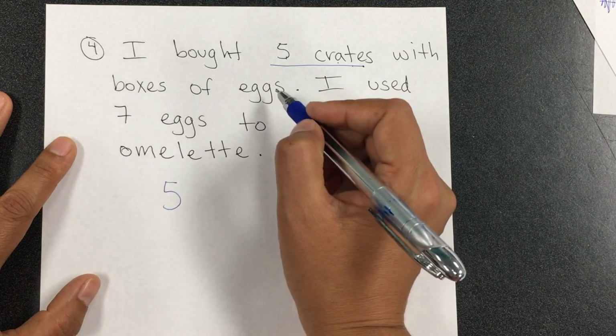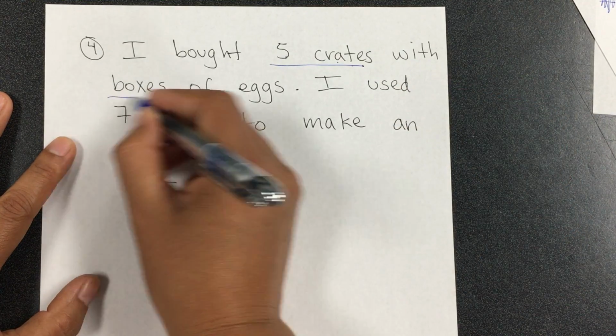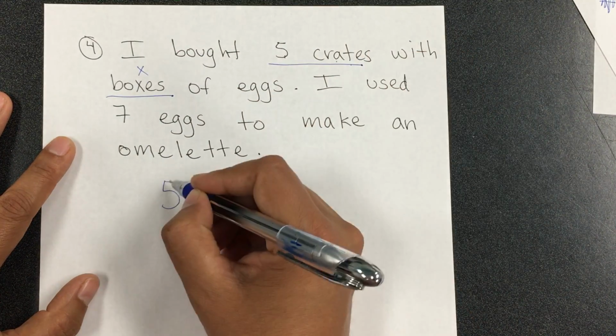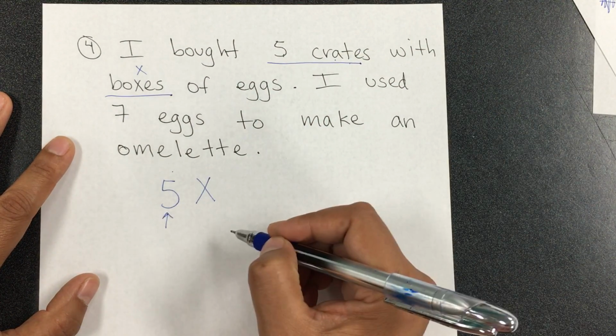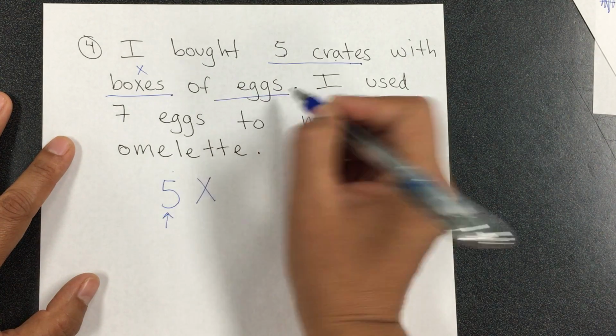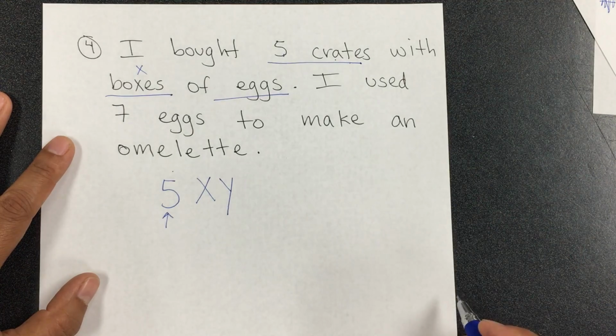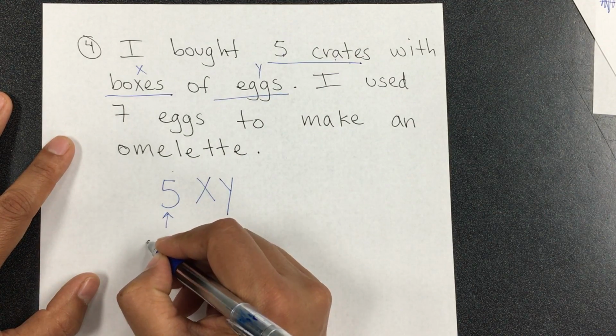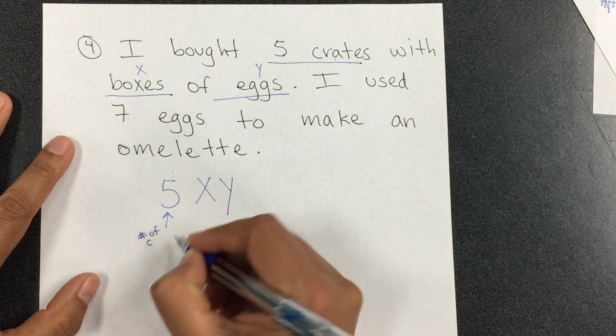With boxes, do we know how many boxes? No, so that's going to be our eggs, not the crates. The crates are these ones right here. Of eggs, do we know how many eggs? No, so that's represented with another variable. Okay, so the 5 represents the number of crates.